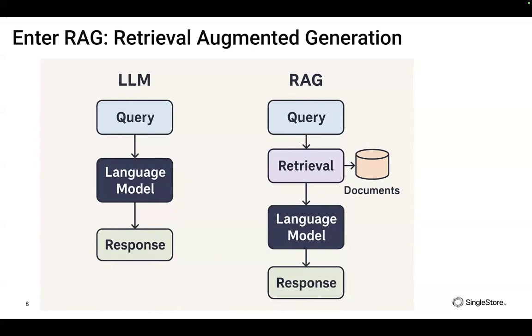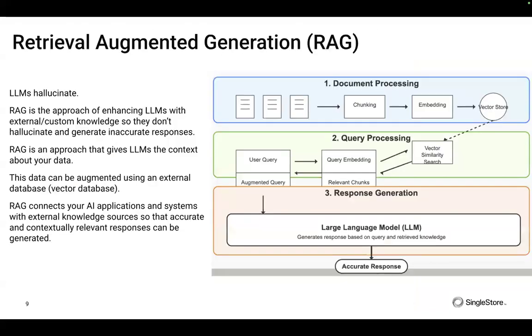When you ask a query, it goes through that vector database to fetch the relevant chunks. Now you have the augmented query and the relevant chunk, and it goes through the language model to give you the proper contextually relevant response back. That is where RAG plays really well compared to just using LLMs in your chatbot applications or LLM powered applications. So this is about retrieval augmented generation.